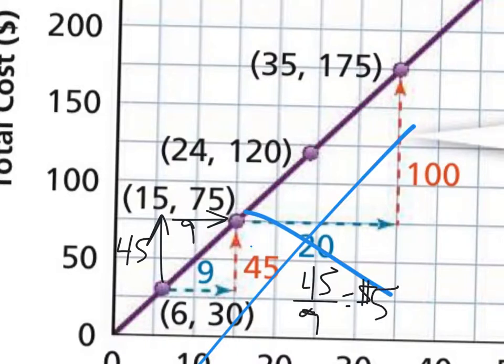But again, like we talked about earlier in the chapter, if you graph this line, you can see it goes through 0, 0, and it's a straight line. Then you know it's proportional, and then you could actually just take the Y divided by the X, and that would tell you your unit rate.